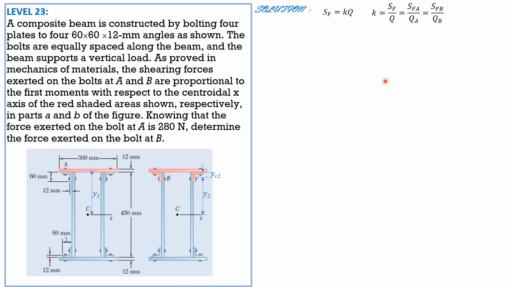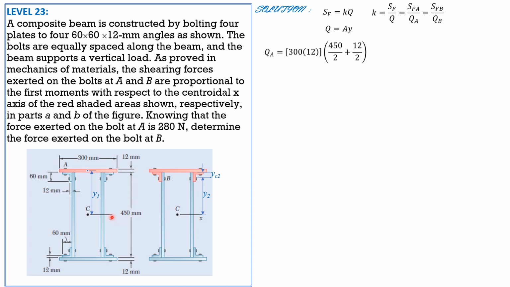So for QA, Q is area times Y, where Y is the distance of the centroid of the area to the centroidal axis. So Q sub A is 300 times 12 times quantity 450 over 2 plus 12 over 2.